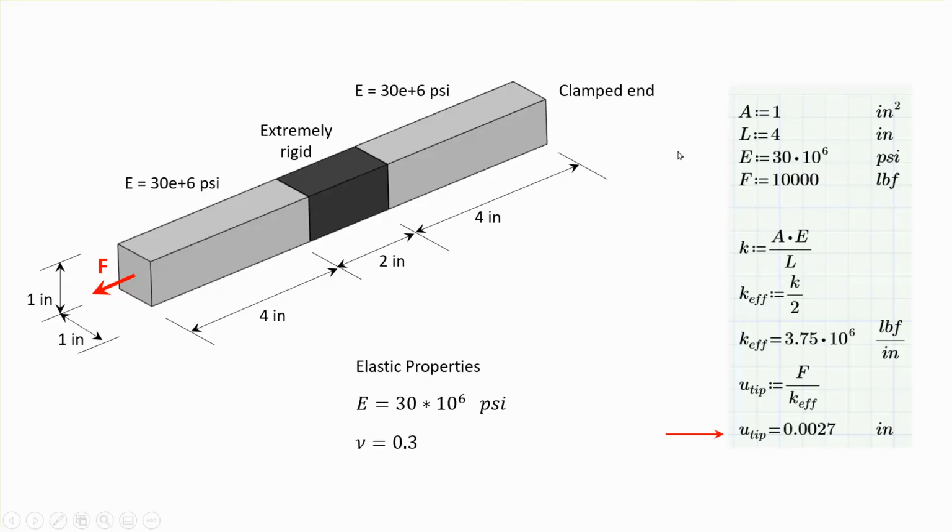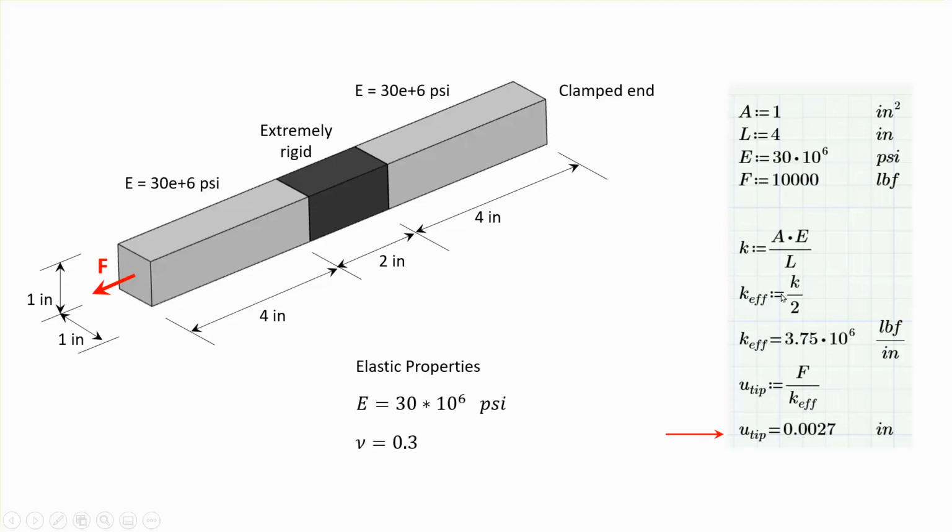Now, based on elementary strength of material, we know that we don't have to worry about the stiffness of the middle section. It's infinite, but the stiffness of the two ends is AE over L. And these two ends are two springs in series, and therefore the effective stiffness for the structure is going to be half of the individual stiffnesses of these two, which are the same.